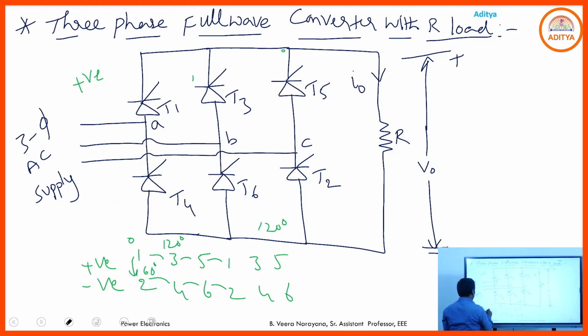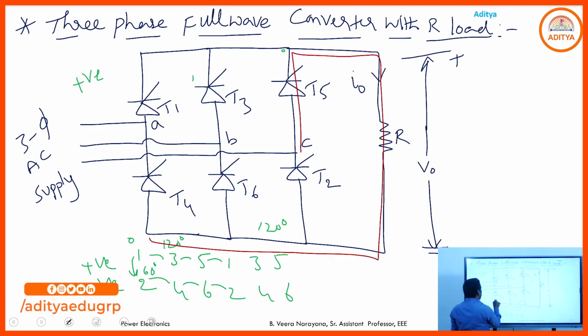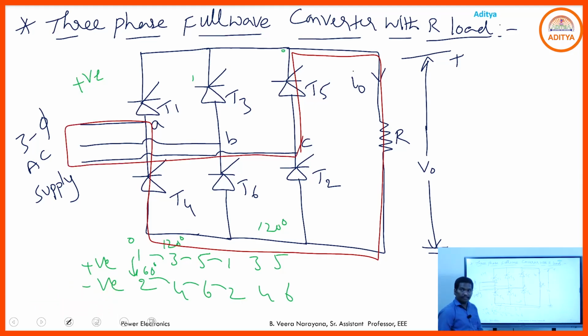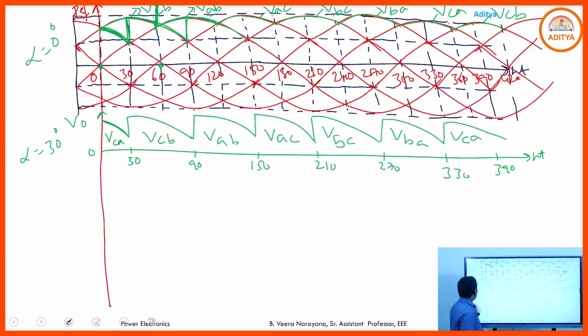If T5, T4 are in the on state, then the current flows through the circuit: T5, resistive load, T4, phase A, and in this manner. So at any time two SCRs will be in the on state, one from the positive group, another from the negative group. So this is the output voltage waveform for alpha equal to 30 degrees.